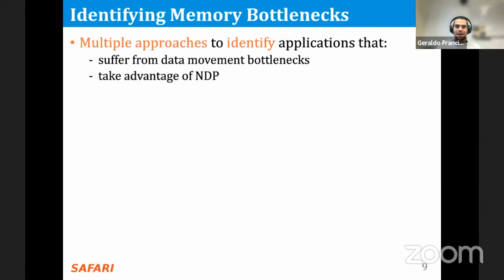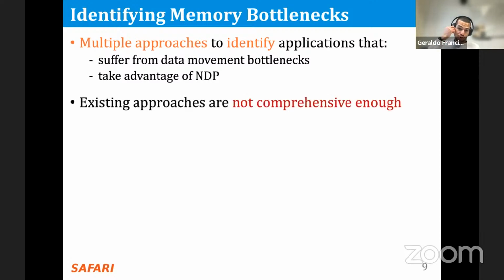The one thing common to all of those works is that they rely on different methodologies to identify memory-bound portions of the application that suffer from memory bottlenecks, and then they use such methodologies to infer that such functions could benefit from reducing data movement bottlenecks.